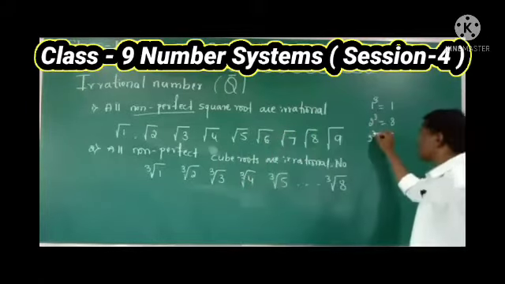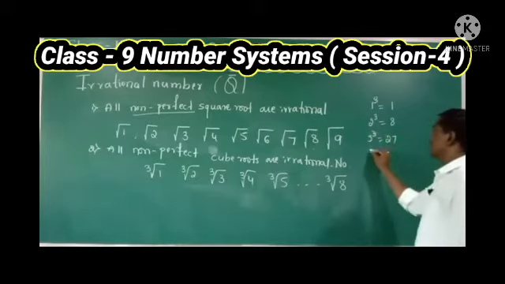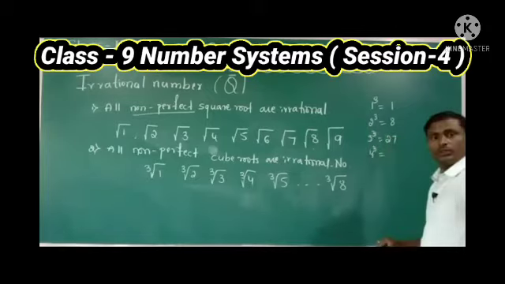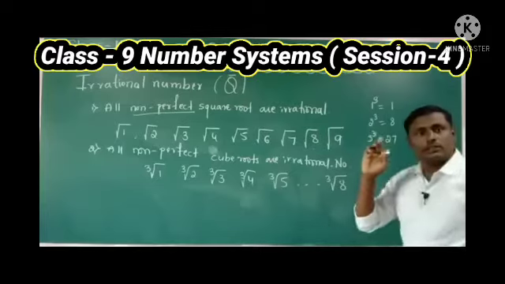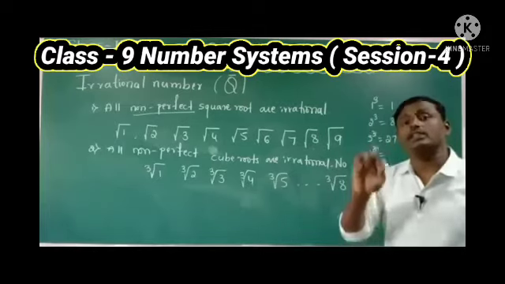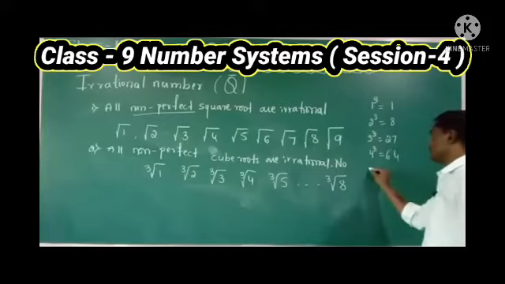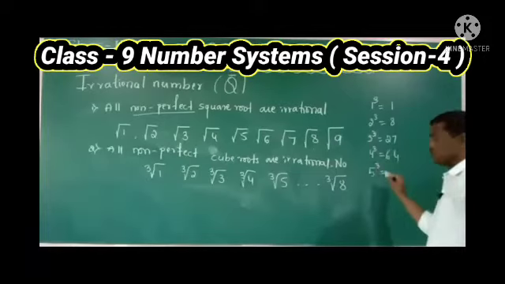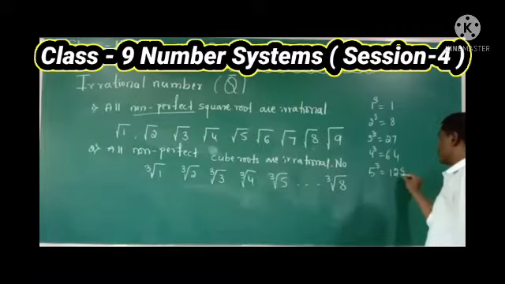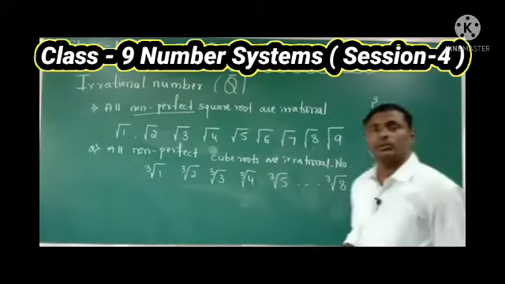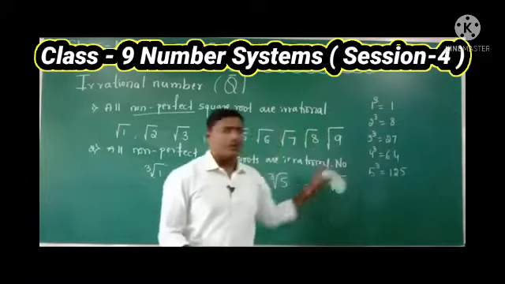So 3 cube is 27, 4 cube is 4 4s are 16, 16 4s are 64. 5 cube is 125: 5 5s are 25, 25 5s are 125.